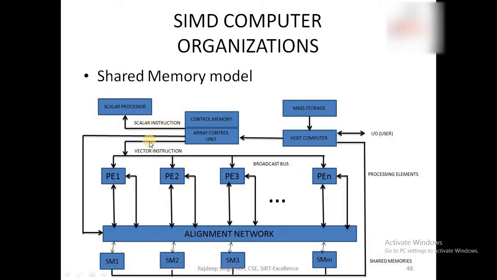If it is of vector type, it will be distributed among various processing elements through a bus, and the execution will start, and the shared memory will be available through the alignment network. Okay, so this is the shared memory model of SIMD computer organization.